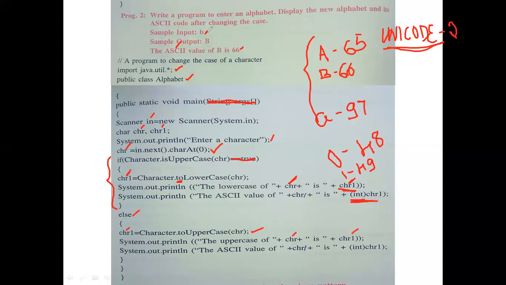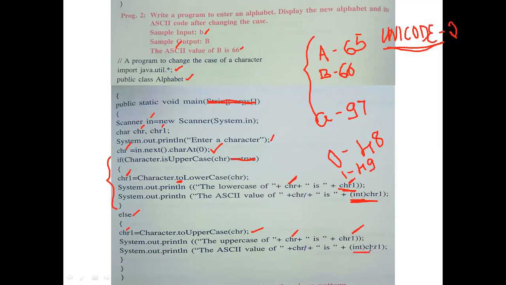For example, if we entered small letter b, the condition is not satisfied here. We come to this part. We convert it into uppercase B. Then we print the uppercase of the character CHR1. Then we print the ASCII value of that character, right? The character as well as its ASCII value.